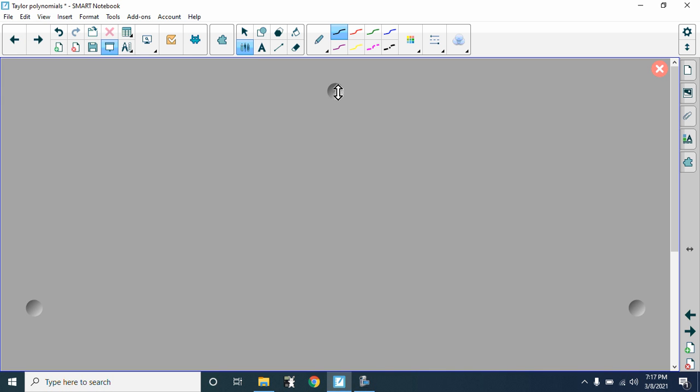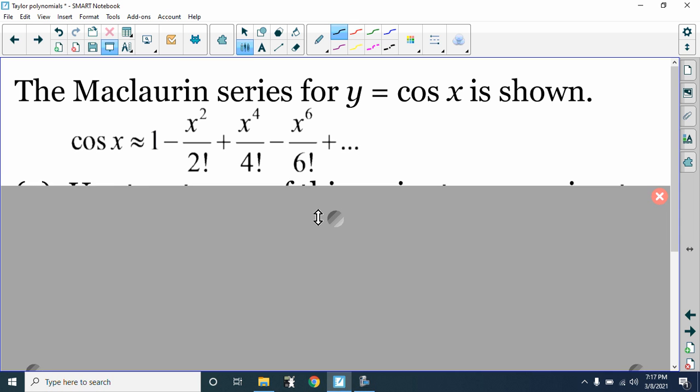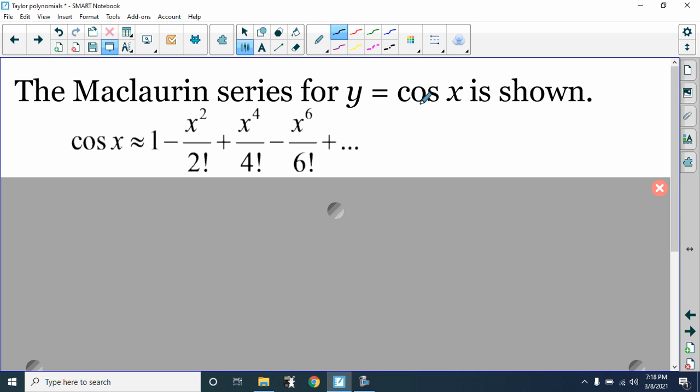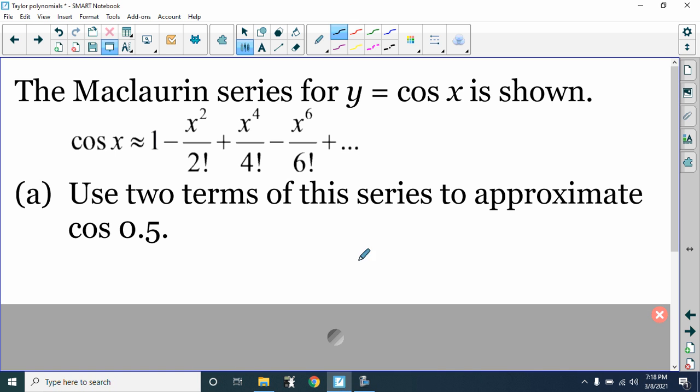The second problem we need to look at, again, is a pretty common one on the AP exam. In this case, they gave us the Maclaurin series for cosine x. We actually, again, found it last class. And then it's going to ask us to use a certain number of terms, in this case, the first 2 terms of this series, to approximate cosine of 1/2.